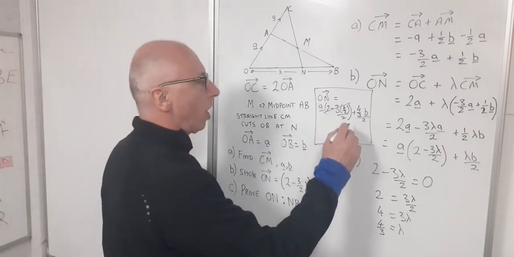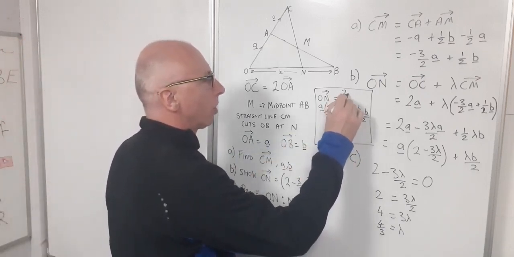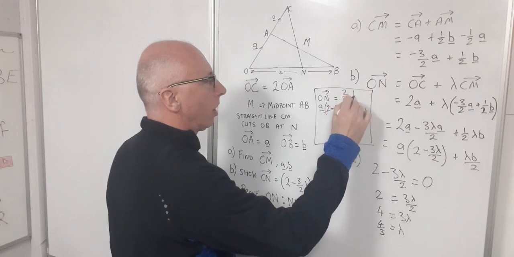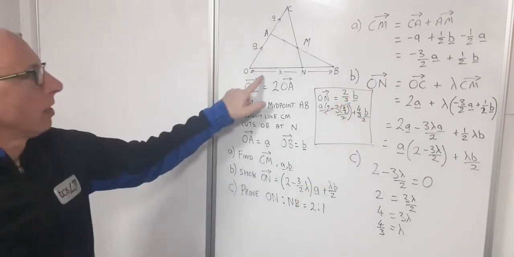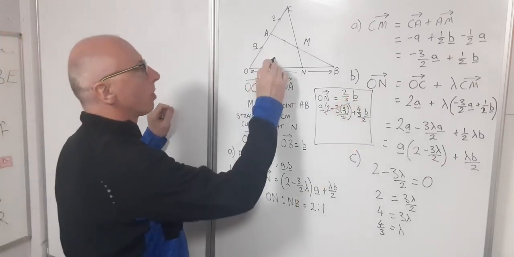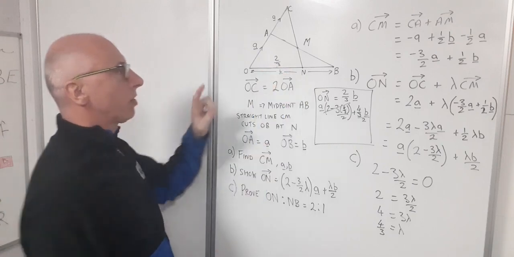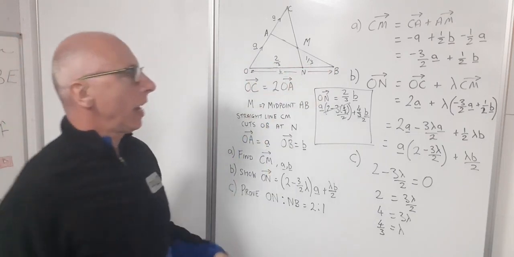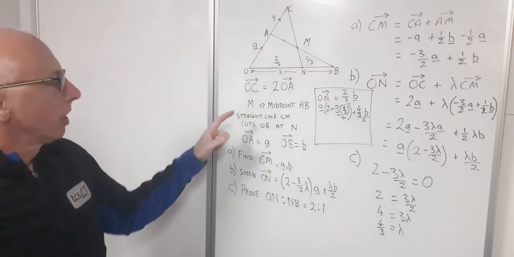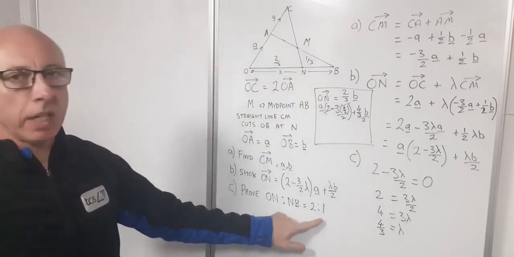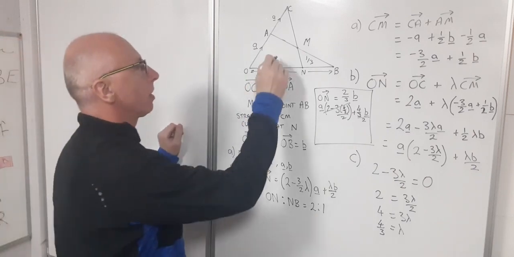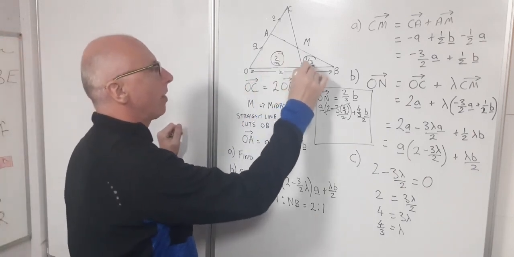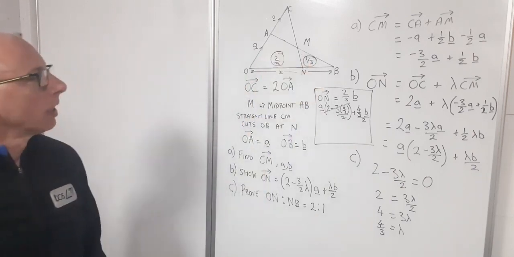So therefore I've got ON equals 2/3 of the vector B. So ON, this bit here, is 2/3. Well, if that's 2/3, then NB must be 1/3. So hence, I've now shown that ON to NB is 2 to 1 by this value here and this value here. Okay.